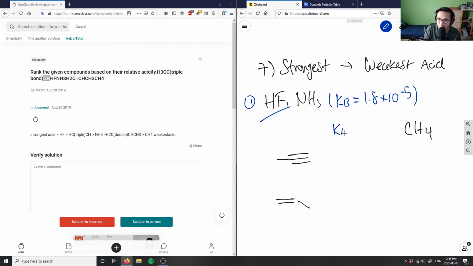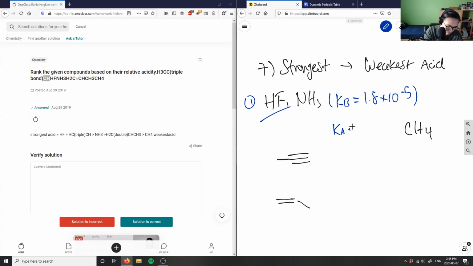So my Ka of ammonia, I'm going to do 1.0 times 10 to the negative 14 divided by our Kb value here to get our Ka. Relatively, this here is 5.5 times 10 to the, sorry, give me a second.